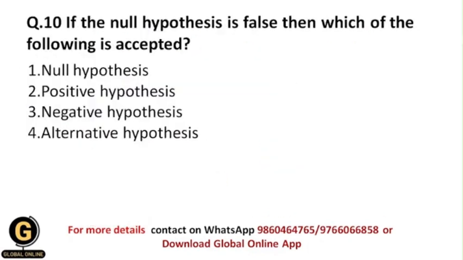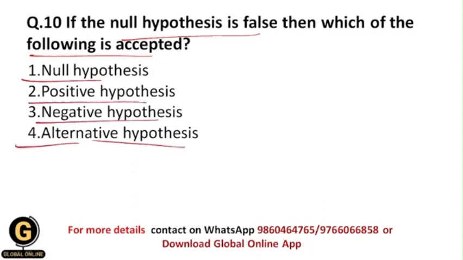Next is, if the null hypothesis is false, then which of the following is accepted? This is the easiest question, students. Whenever we reject the null hypothesis because it is false, then what type of hypothesis we are going to accept? Whether it is null hypothesis, positive hypothesis, negative hypothesis, or alternative hypothesis.